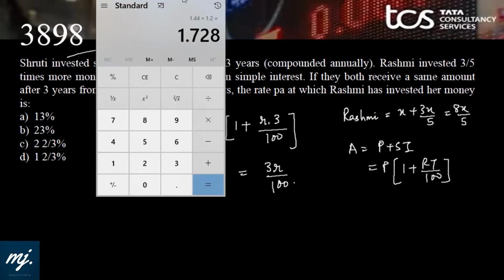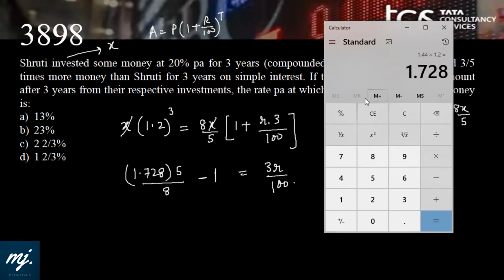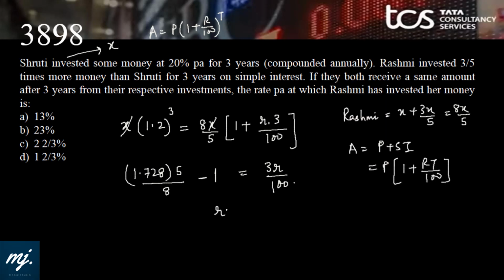Let's take help of our calculator again. 1.728 into 5 divided by 8 minus 1 is 0.08, into 100 is 8. That means R is 8 by 3%, that is 2 by 3%. 2 by 3% features in option C.